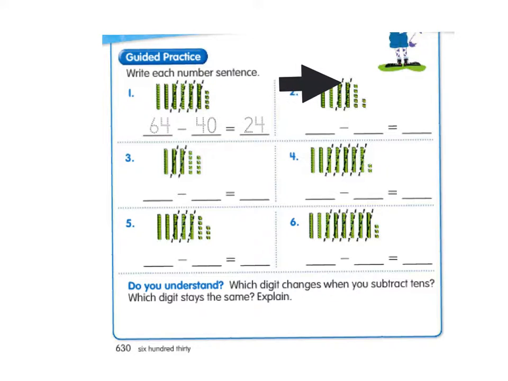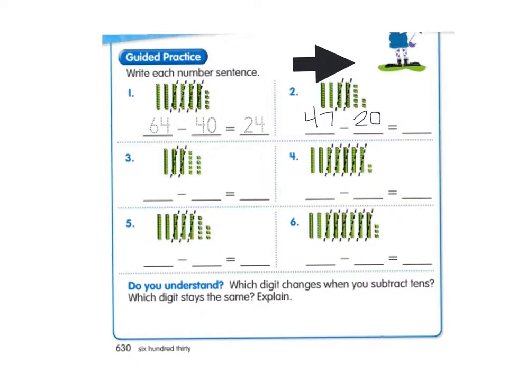10, 20, 30, 40, 41, 42, 43, 44, 45, 46, 47. So I'm going to write 47 in the first space. Then I see they've crossed out 2 tens, 10, 20. So I'm going to write 20 in the next space.